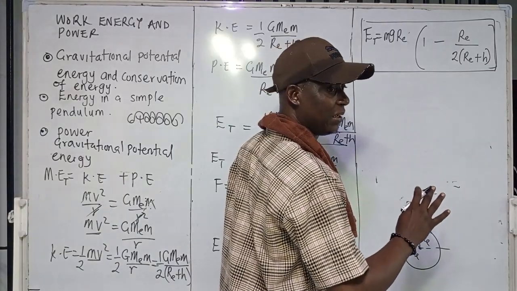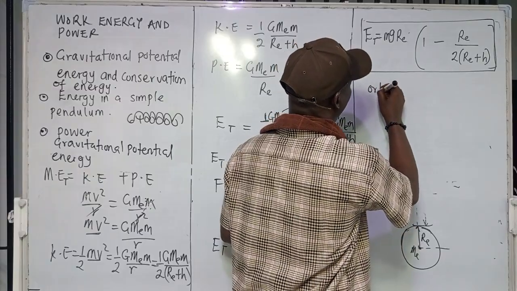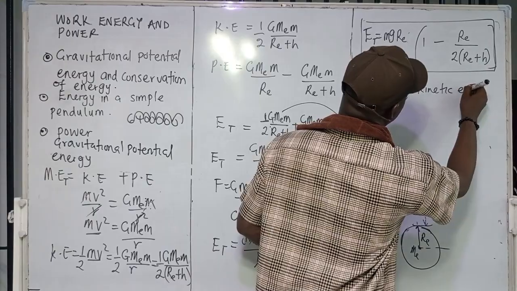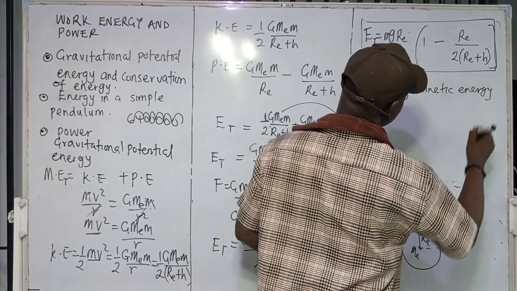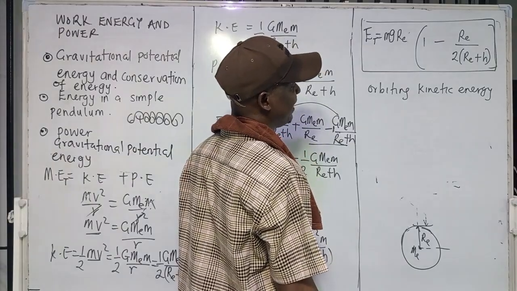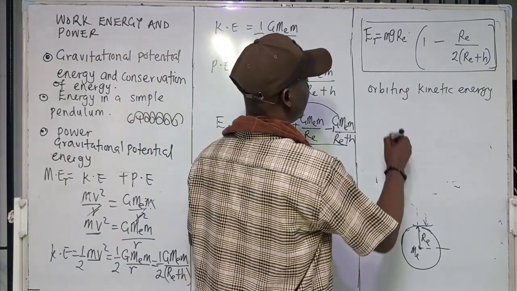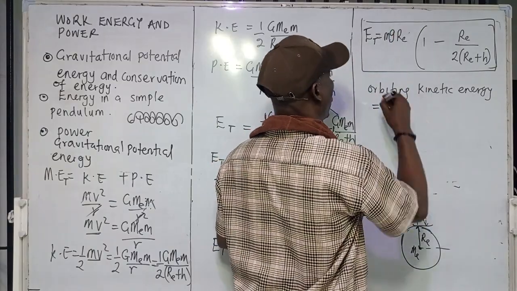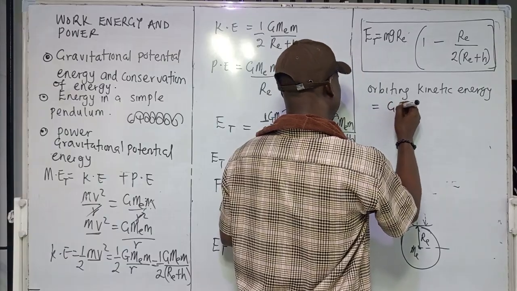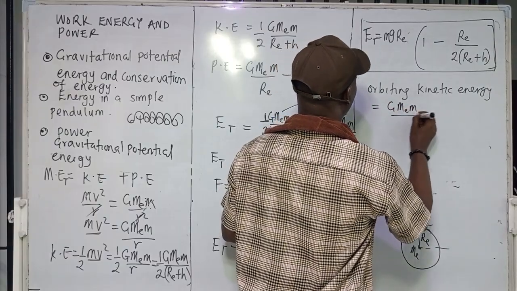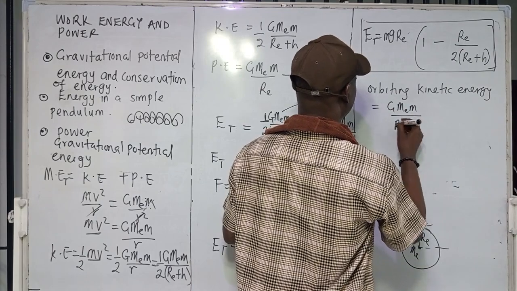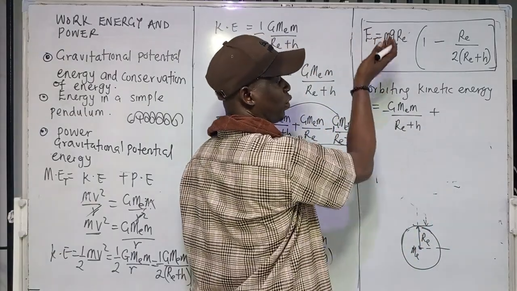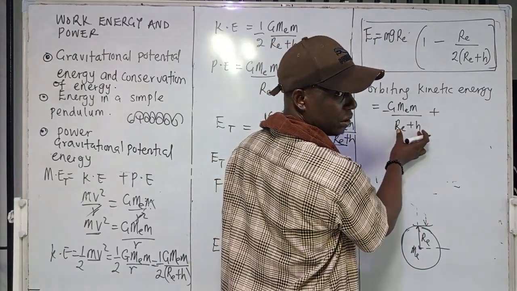That's the last thing I'm giving here. The orbiting kinetic energy is equal to the potential in that orbit, which is minus G M E M over R E plus H, because when you take it to a particular height, it becomes R E plus H.